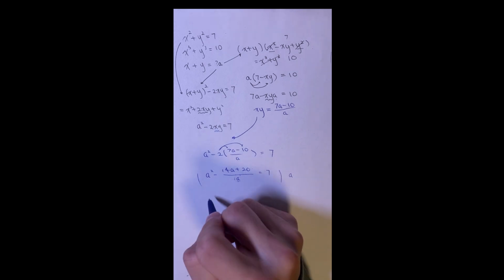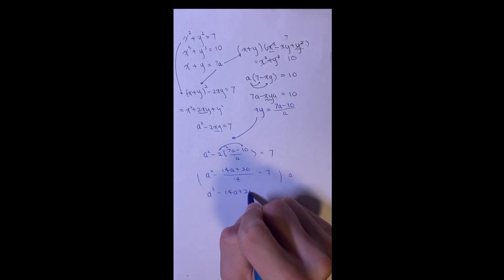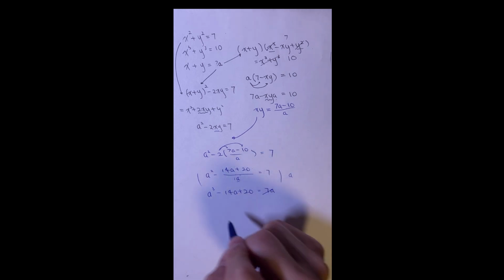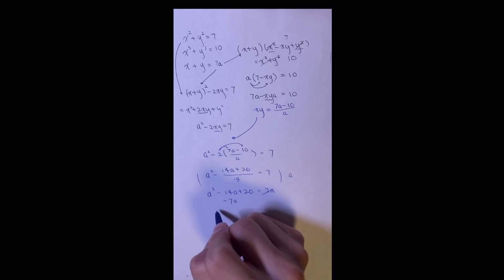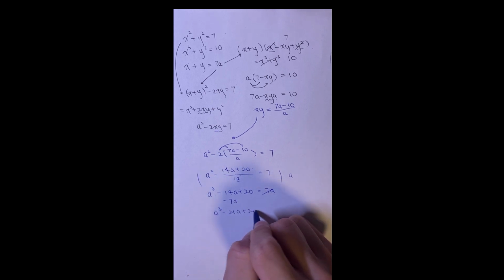All right, so a cubed minus 14a plus 20 equals 7a. Now we can take away 7a on both sides. Now we have a standard polynomial format.